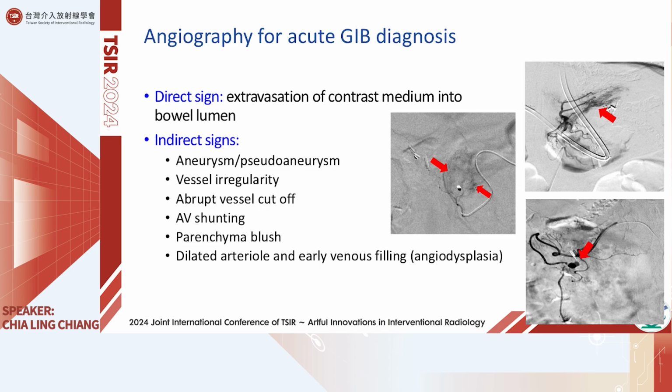And sometimes there is no active bleeding. We can observe some indirect signs, such as aneurysm, like this one, or some vessel irregularity, abrupt vessel cutoff, or some AV shunting, or sometimes only parenchymal brush, like this one, and some dilated arteries and early venous filling, like in angiodysplasia patients.